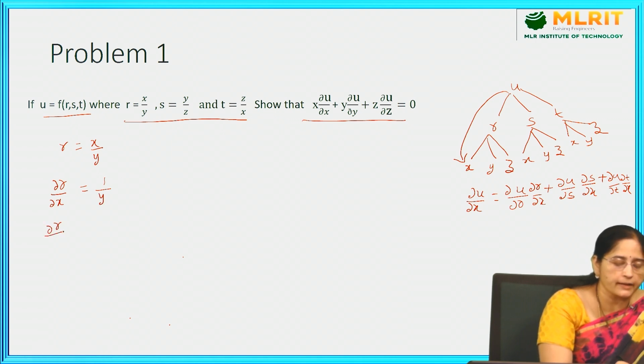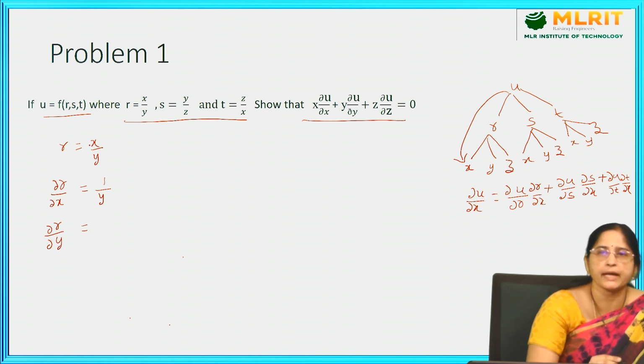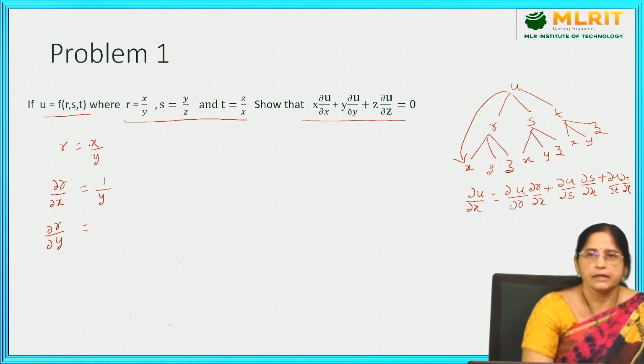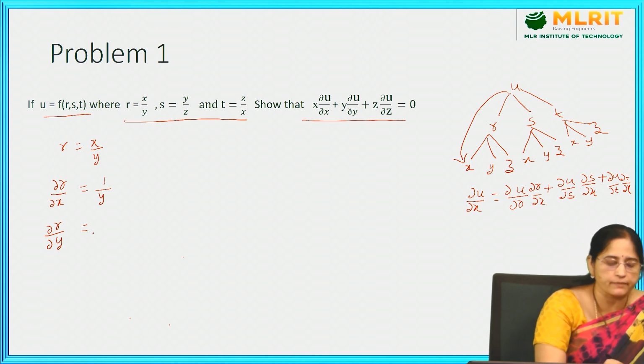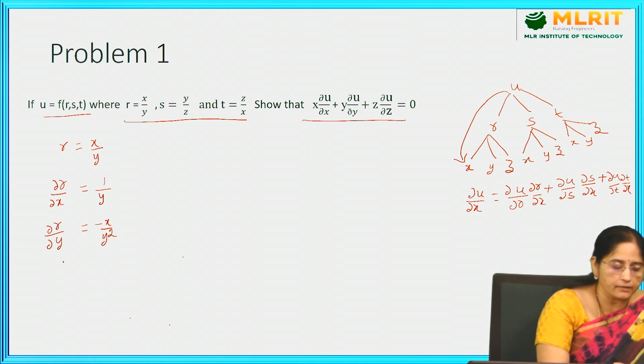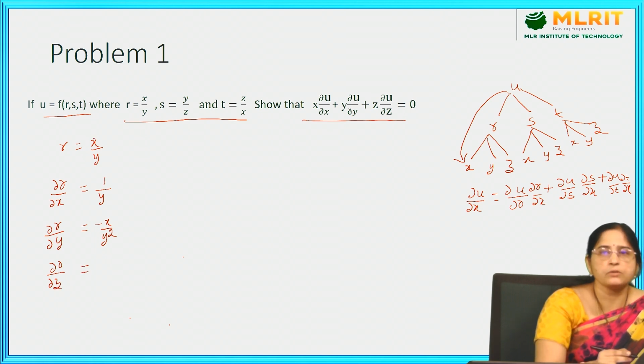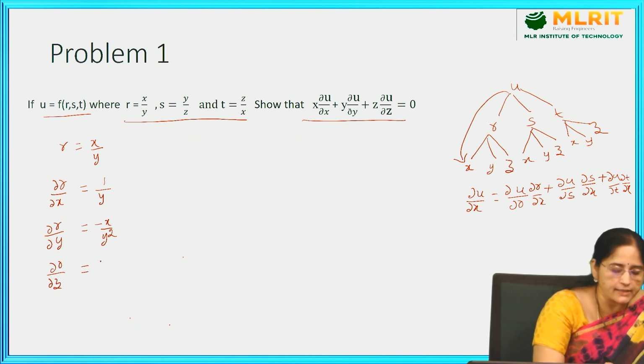With respect to y, we keep x constant, x into the derivative of 1 by y. The derivative of 1 by y is minus 1 by y square, so minus x by y square. Next dou r by dou z. There is no z term, so dou r by dou z is 0.